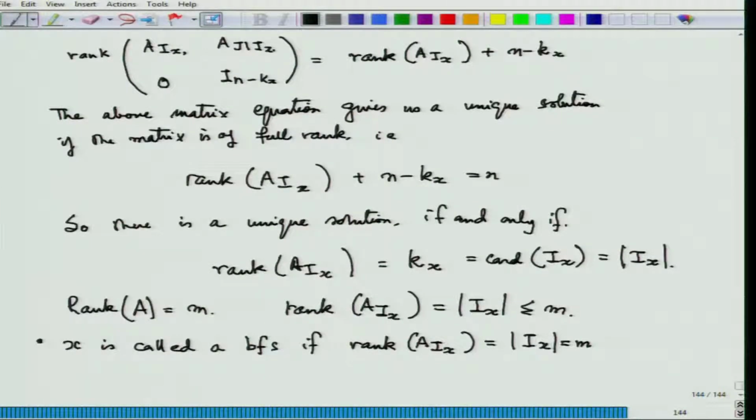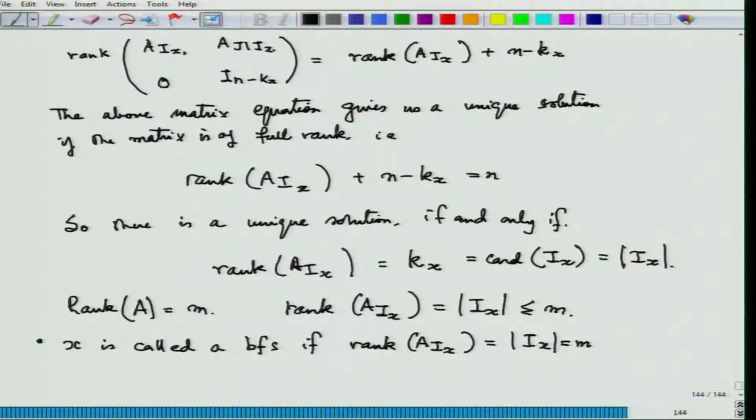So, if this rank of A_Ix is m, which is rank of A_Ix is Ix and which is m, then we call it a BFS. So, what I want is that the rank of A_Ix should be equal to Ix. If the rank of A_Ix is equal to Ix, then we have a unique solution to this problem. So, there is a unique solution to this linear equation.